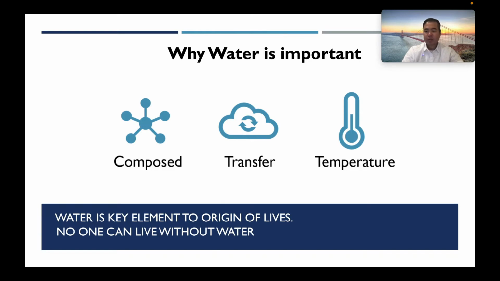About 60% of the human body is water, and water transfers all the nutrients and elements in our body so that we can survive. Water also maintains the temperature in our body in a certain range. It doesn't go too high, it doesn't go too low, because of the water in our body.